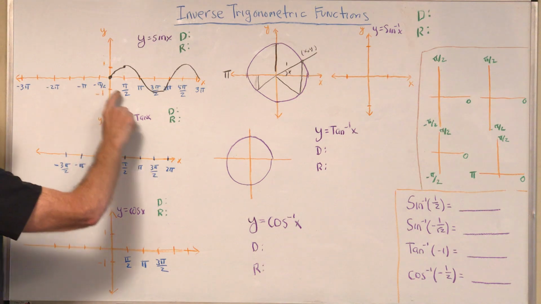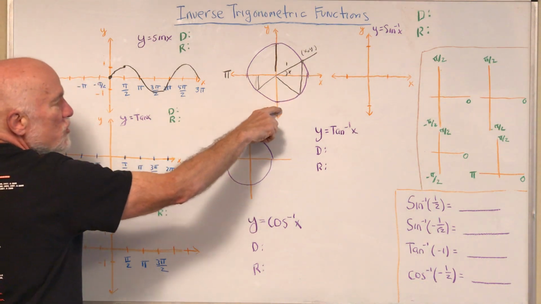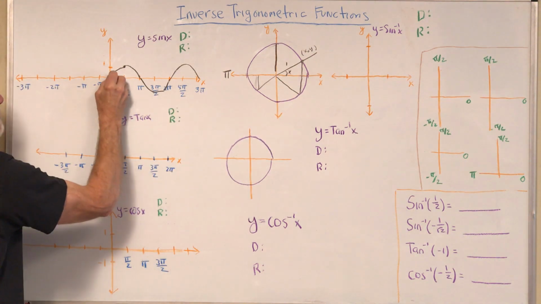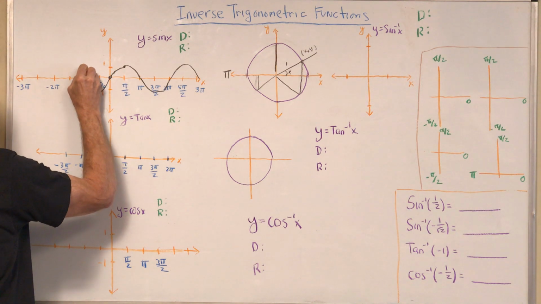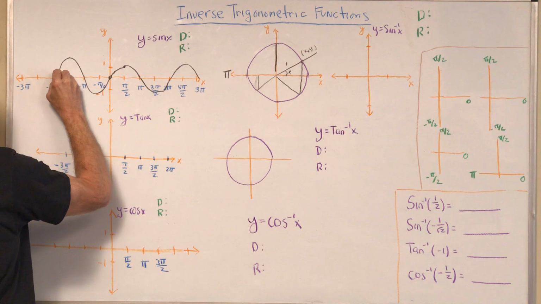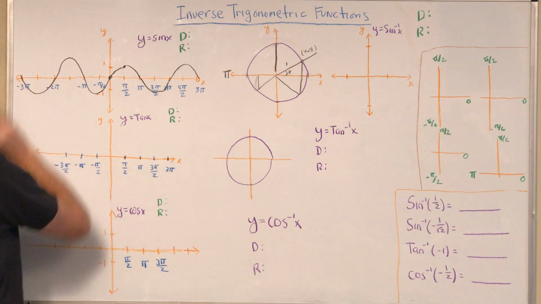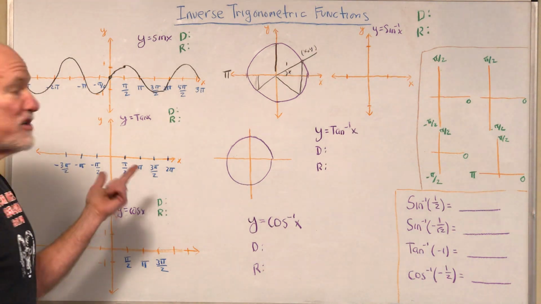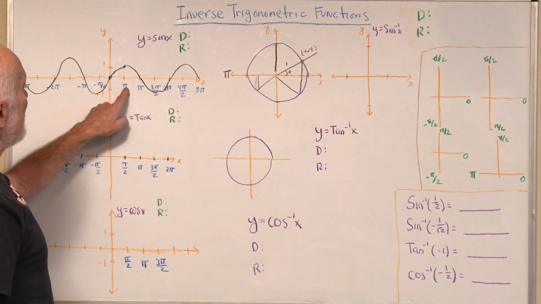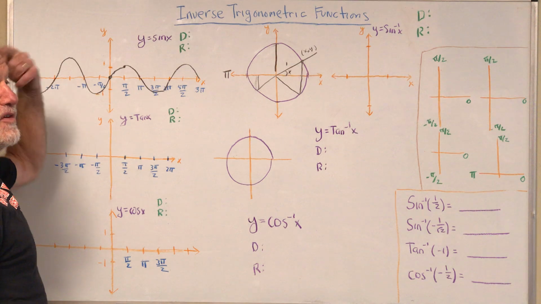And then when you go to negative pi over 2, down here you're at -1. And so you kind of complete the graph to look something like that. So anyway, it definitely is a function. Every x value has one y value, so it's a function of x.